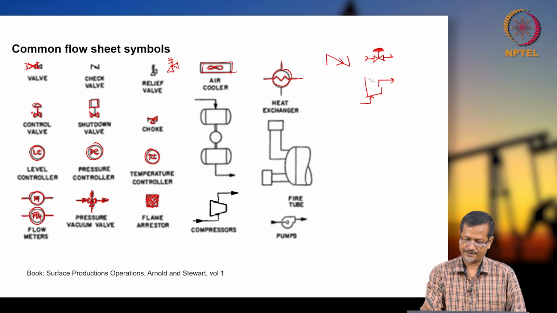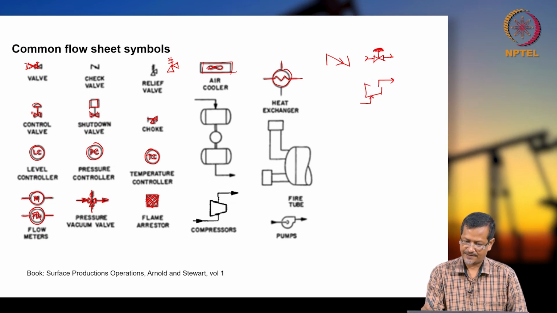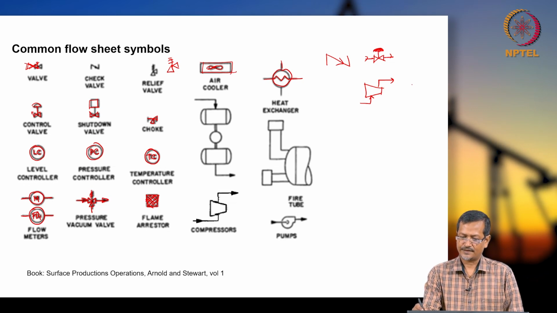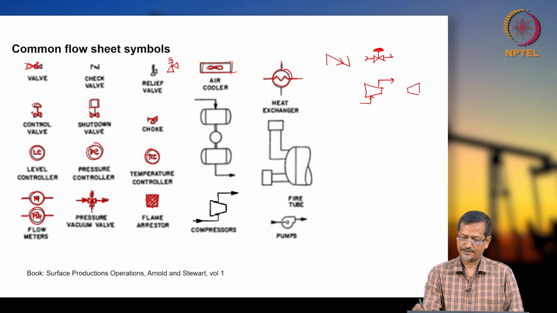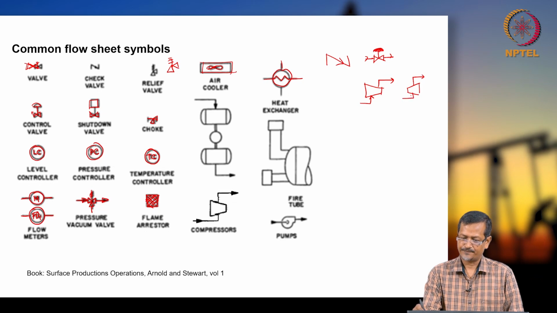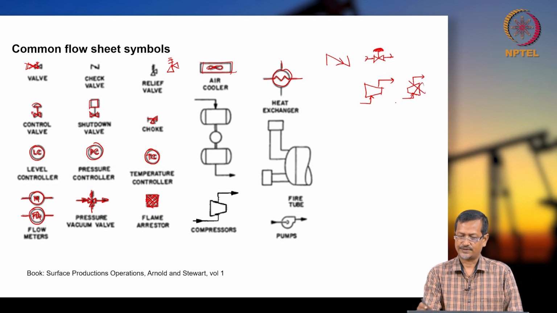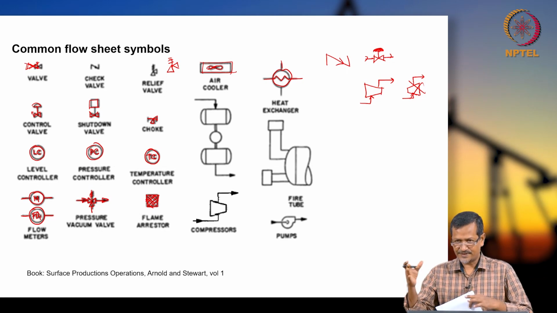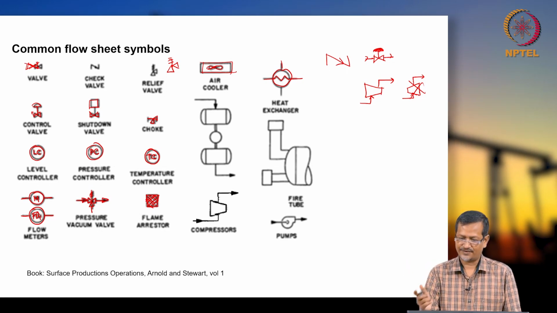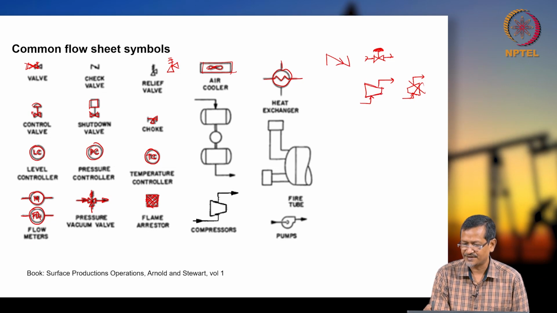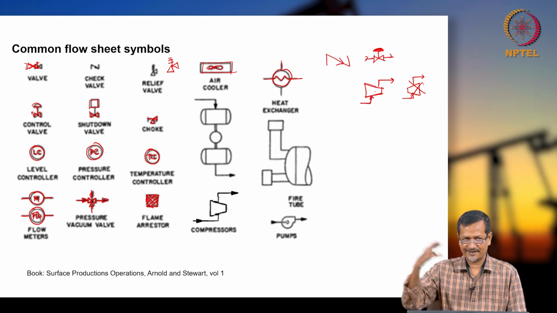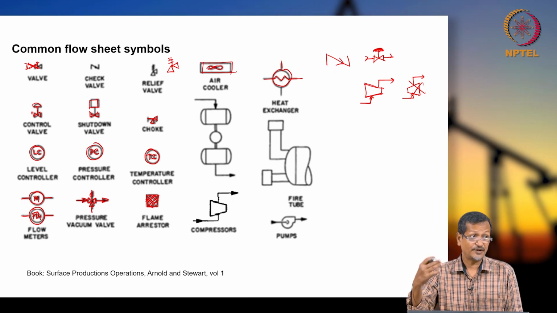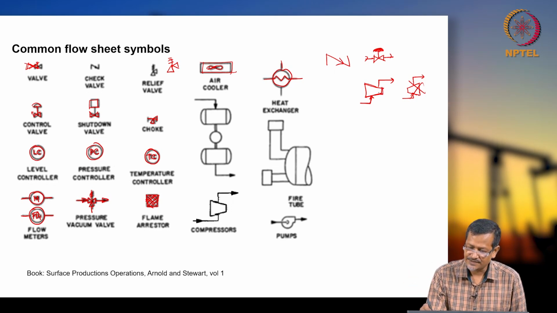In the book it is given differently, so they may have made an error. That is wrong, because compression means you are compressing gas, so your volume is shrinking. The inlet is wider, with larger volume, and after compressing the volume gets lower. That is why this symbol should be used.